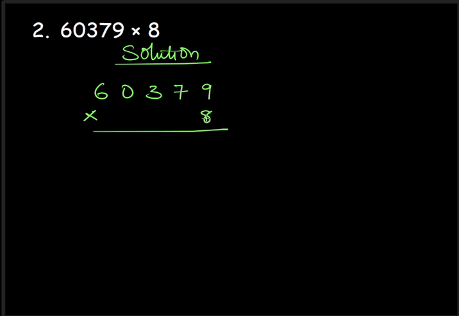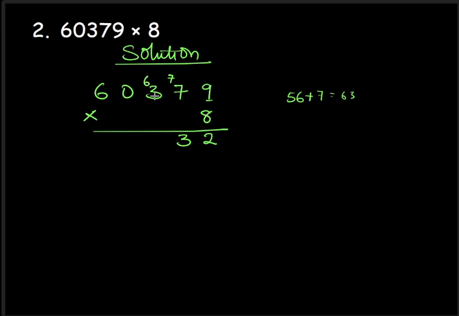Remember, we start from here. 72: we write 2, and we carry 7 up here to the next digit. 8 times 7 will give us 56. 56 plus 7 will give us 63. So we write 3 and then we carry 6.